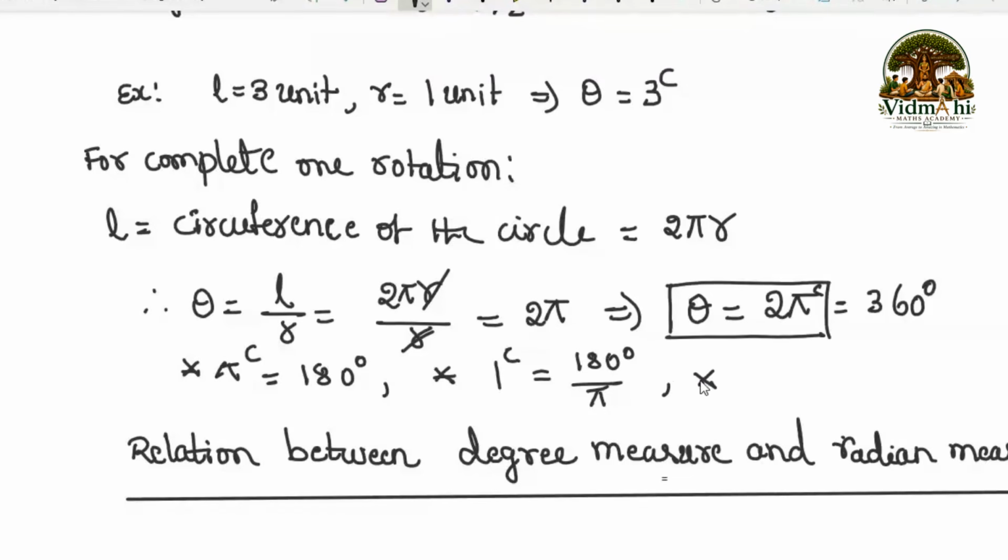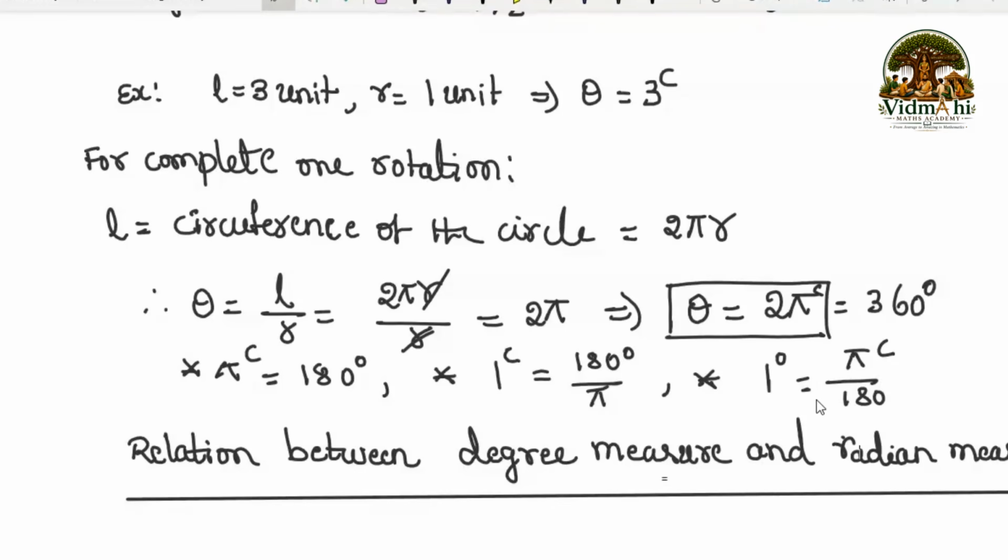And what about 1 degree? 180 degree is pi radian, so 1 degree is pi by 180 radian. So this is a very important note. Remember this: 2 pi radian is 360 degree, pi radian is 180 degree, 1 radian is 180 by pi, and 1 degree is pi by 180.